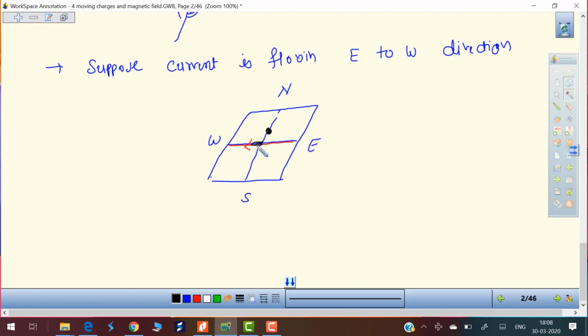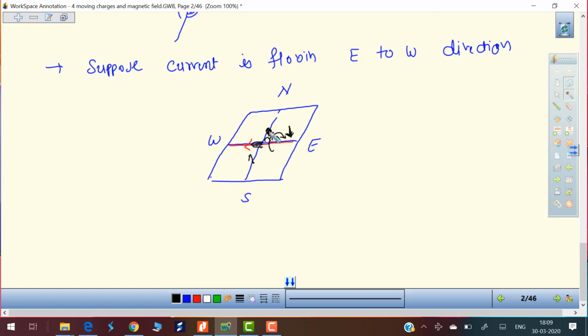This is my right hand thumb, so my fingers go this side. My fingers are moving like this. So at the north side it is going downward. So the direction of the magnetic field toward the north is downward, but toward the south point it is upward.